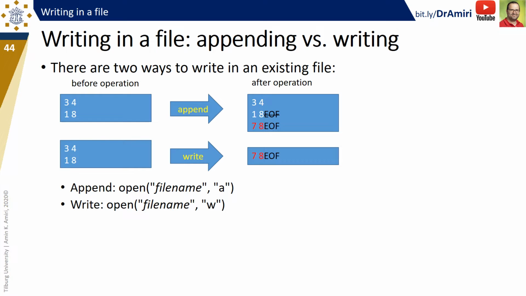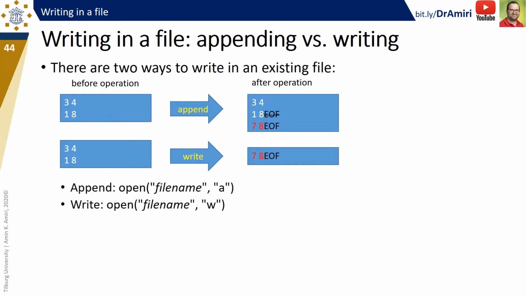With write, you will write over the existing content of the file, which means that the existing content of the file will be removed and whatever you write will be placed in the file.